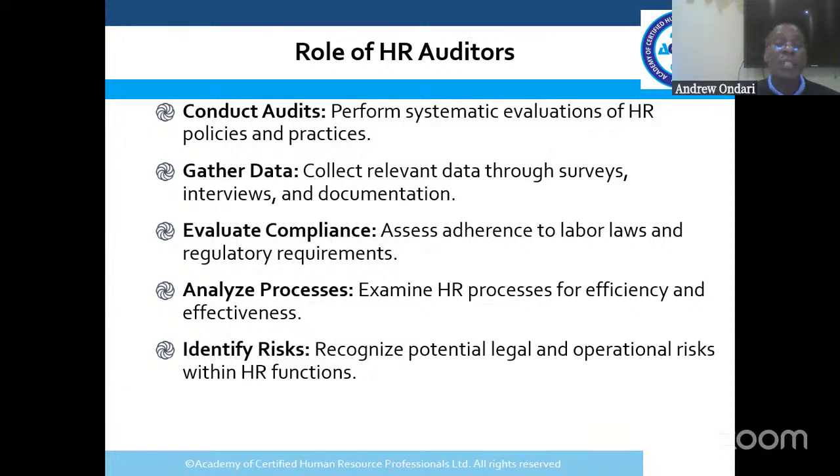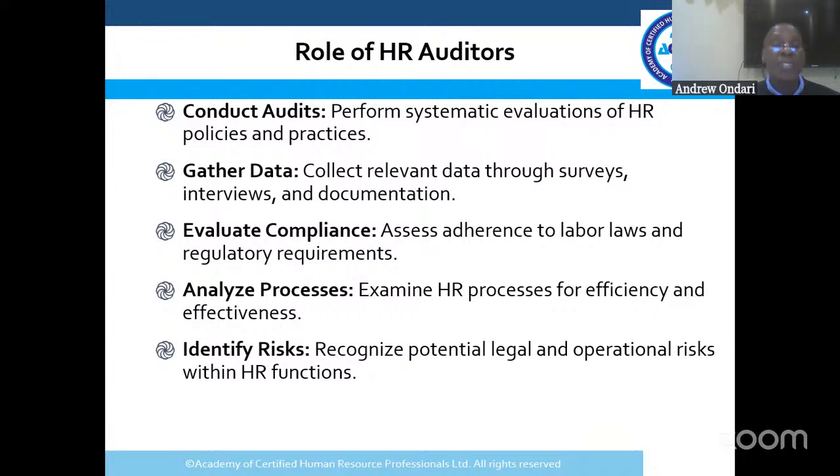Lastly, they need to identify risks. Various risks exist in the HR function. Risks may be related to training, to compensation, to performance management, to legal compliance.